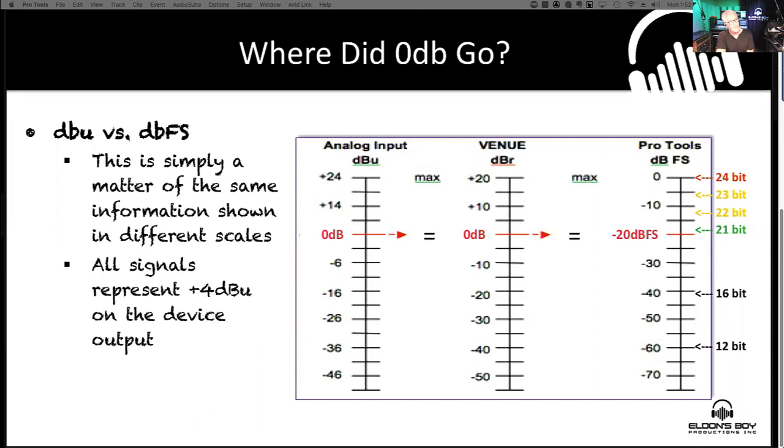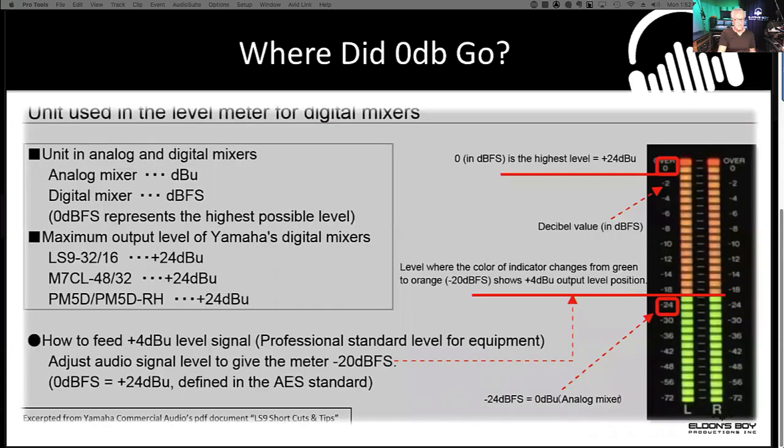So we're going to stick on metering here for a while because this is so important to get done right. I don't care what console you're on, whether it's analog or digital, this is important. So let's take a look here. There's a lot of debate out there about where line level is on a dBFS meter.